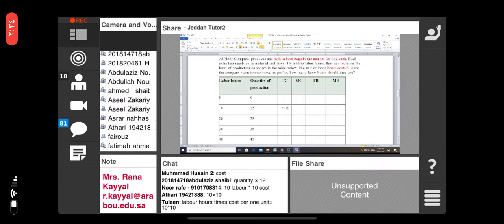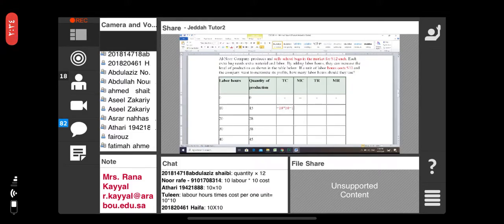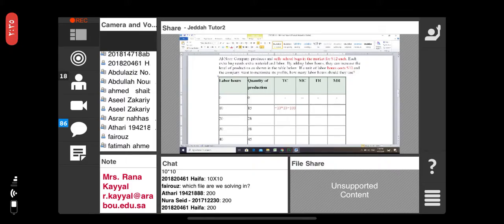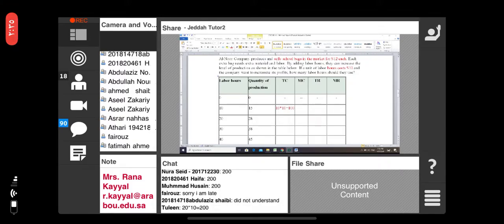So this is equal to 10 times 10, and this is equal to 100. For the second level, $20 times 10. So this is 200.